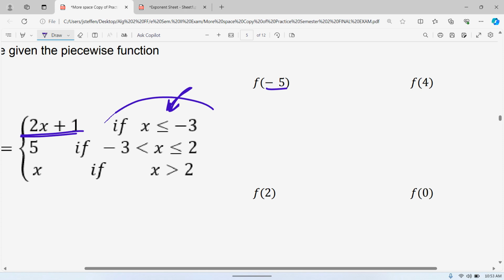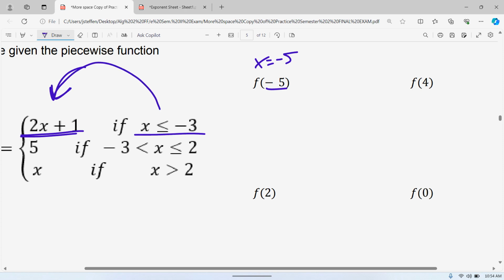If you only think over here, all that tells us is what numbers qualify for the equations we plug in. x is equal to -5, which is less than -3, so let's plug it into this one. It'll be 2 times -5 plus 1. That's -10 plus 1, which is -9.